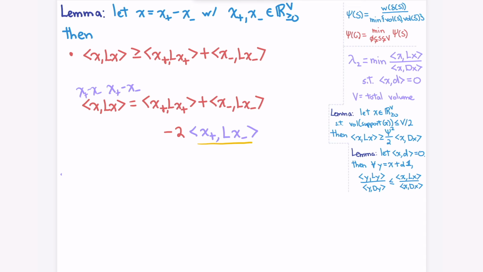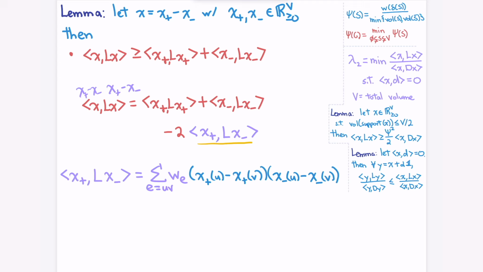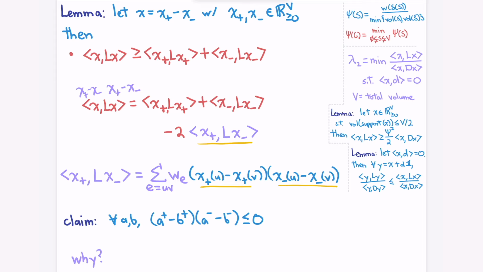If I expand that out, I'm going to get something like this. I'm going over every single edge and looking at the potentials at the endpoints, and we're looking at the difference of the positive part times the difference of the negative part. If we can show that this individual product is negative, then we're in good shape.